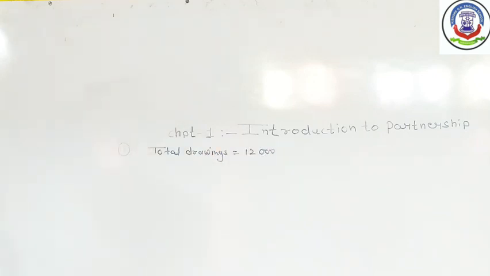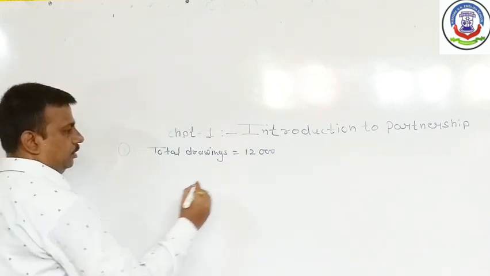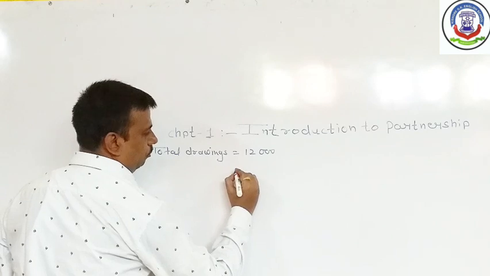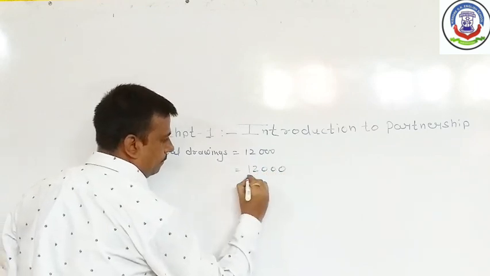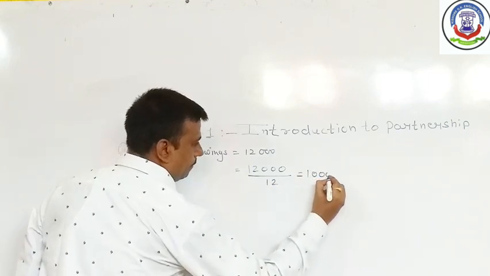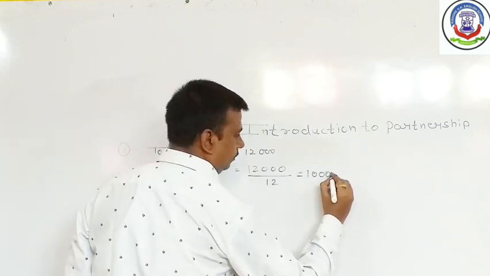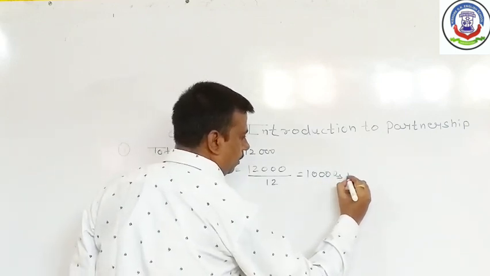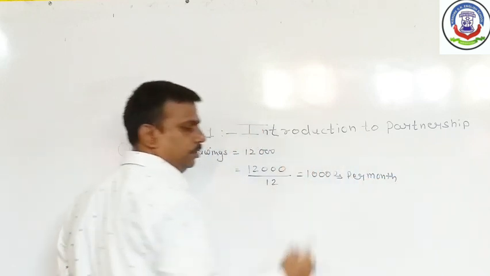Now for per month, this amount 12,000 divided by 12 gives 1,000 rupees per month.